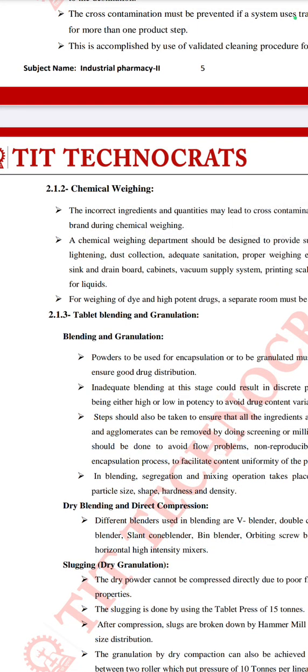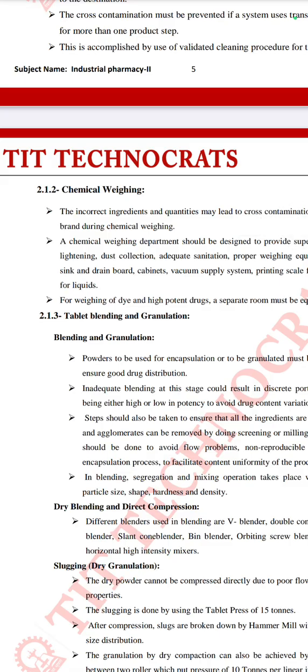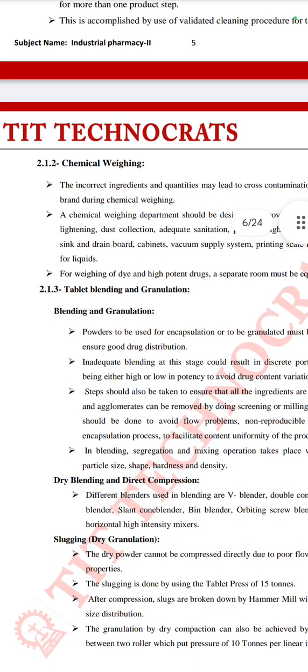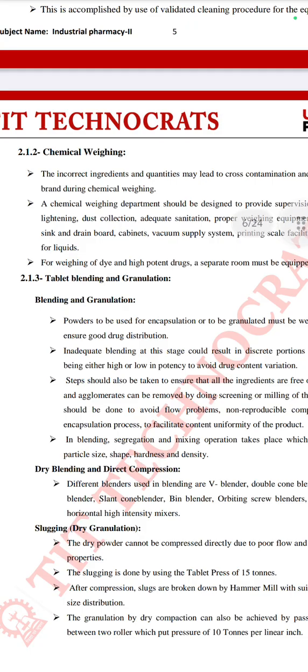Second is chemical weighing. These are the personnel working in preparation of solid dosage forms in the pilot plant. Chemical weighing, if incorrect, so as personnel in a pilot plant or working in an industry, the incorrect ingredient and quantity may lead to cross contamination.